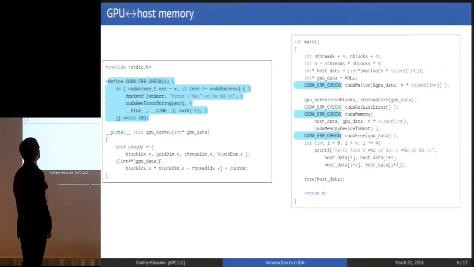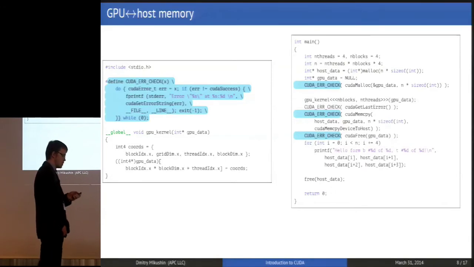Here on the right, we have a host program, and on the left, we have the kernel. This is, as I promised, the macro which checks the error status, which is always a good thing to know the error where it happened.